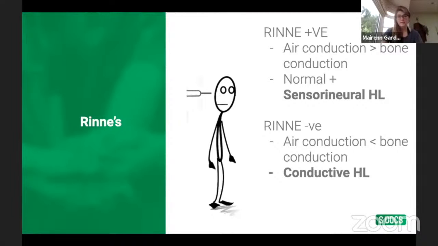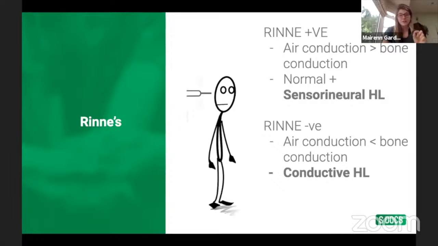What's normal is air conduction should be better than bone conduction. That is also the case in sensory neural hearing loss, because there is nothing wrong with the outer and middle ear in sensory neural hearing loss. So there'll be no impact to the air conduction. That makes sense.